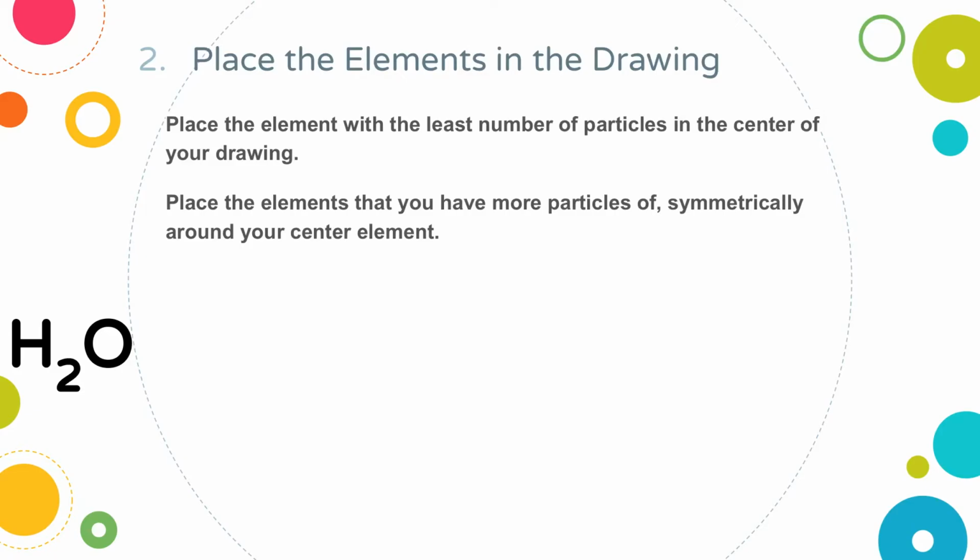Now we have to place the elements in the drawing. We place the element with the least number of particles in the center of the drawing, and then place the elements that you have more particles of symmetrically around your center element. So we're going to first place oxygen in the center, and then place hydrogen there.